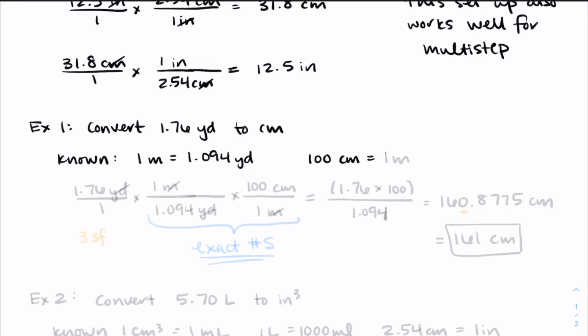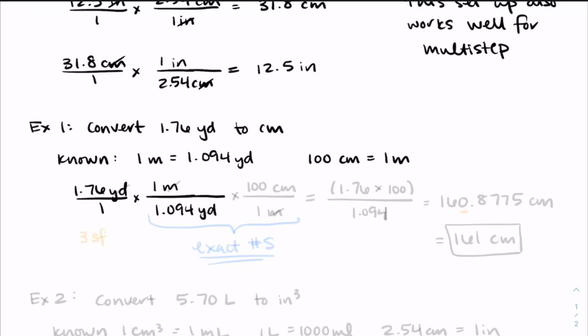That's where I'm starting. I'm going to put it over 1, and then I want to go from yards all the way to centimeters. Now, I only have one relationship with yards in it, and I'm going to set that fraction up so that yards is in the bottom and it will cancel, and that's just going to get me to meters.